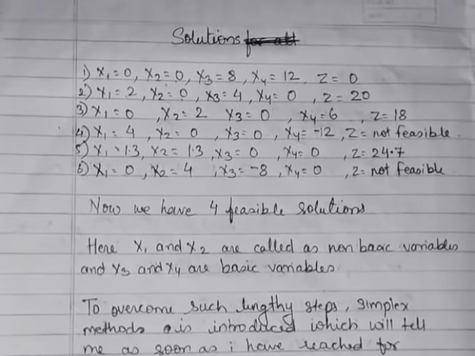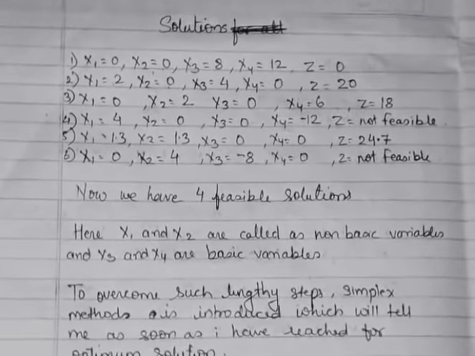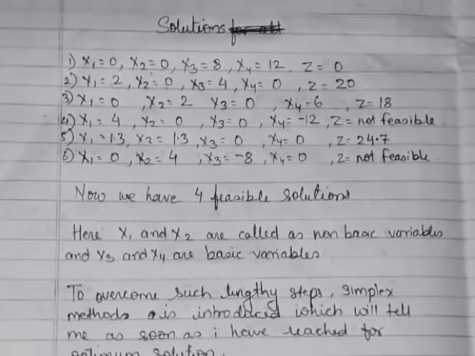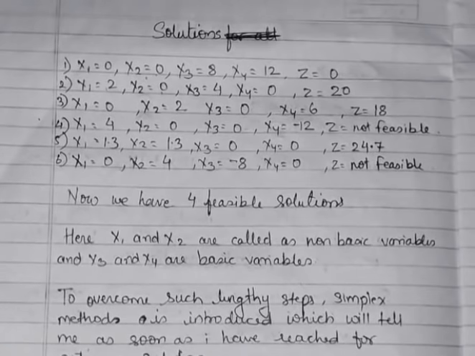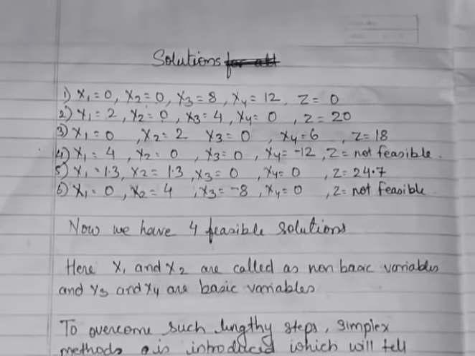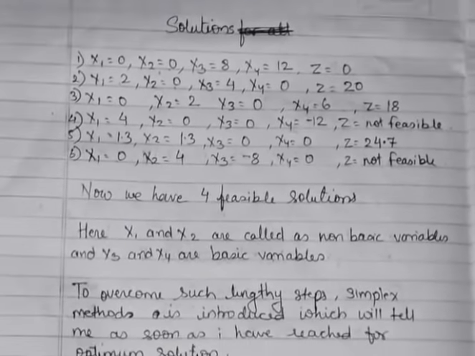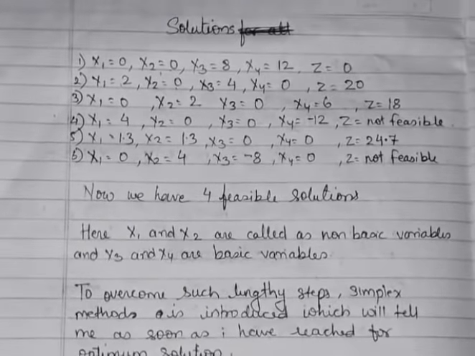Now look at the solution. Since I put the value of two variables as 0 and found the other two, now I put the value of those other two variables in the objective function to find the value of the objective function. So first was putting x1 and x2 as 0, x3 as 8, x4 as 12.